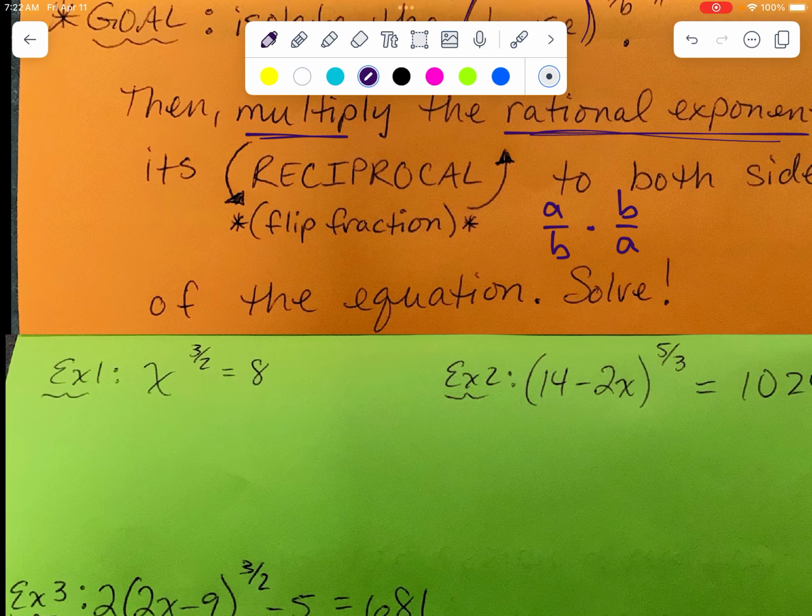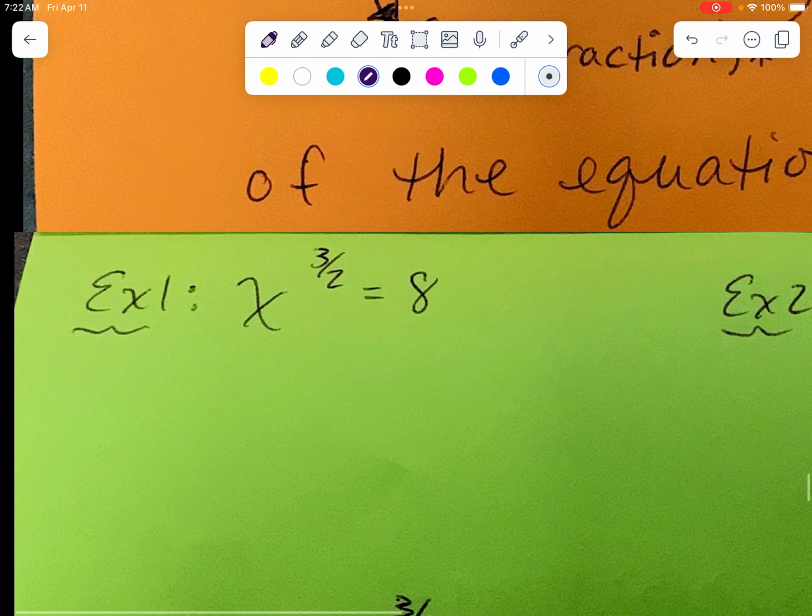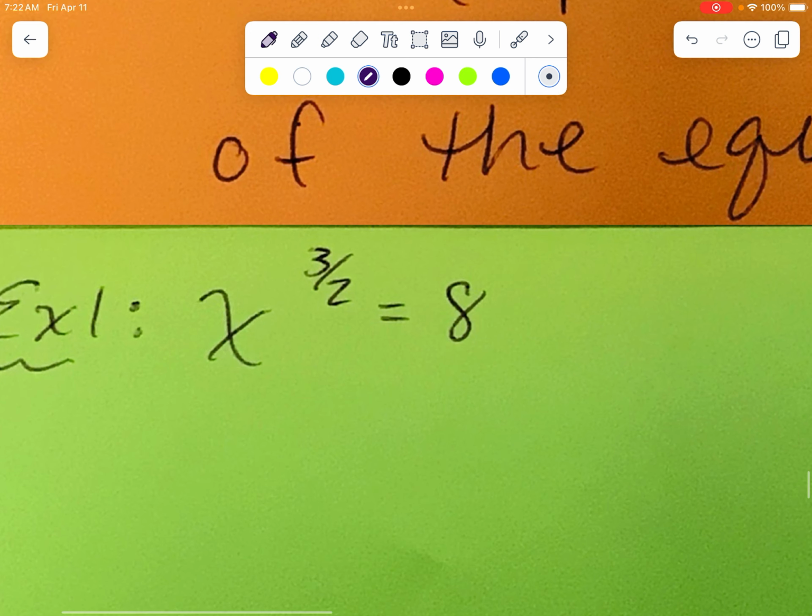So let's take a look at something very basic here. Example 1: x is the only thing on the left-hand side, so there's no house, because x is the only thing that we have to isolate. Now we're ready to multiply the fractional exponent by the reciprocal. So instead of multiplying by 3/2, we're going to multiply by 2/3. When you do that, it cancels and turns into a 1.